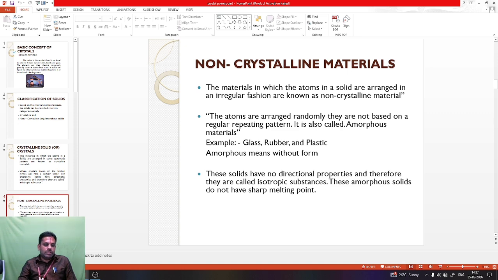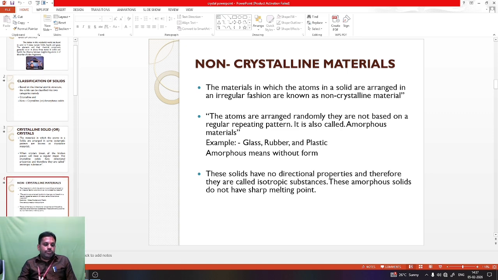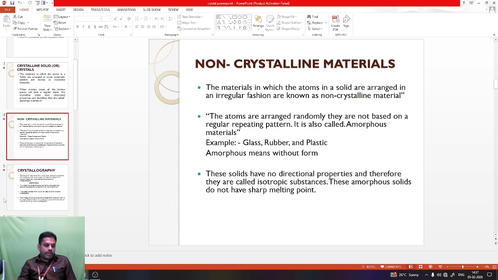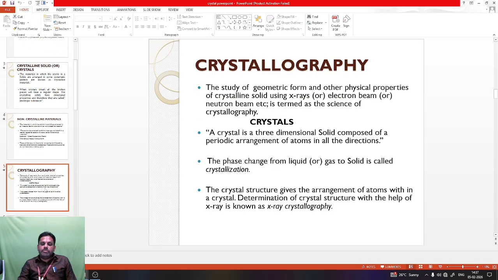So this is the classification of solids into crystalline and non-crystalline materials. What about crystallography? Crystallography is the branch of science which deals with the crystal structure inside the crystal: how the atoms and molecules are arranged, how much bonding there is between them, and what the bond length is.